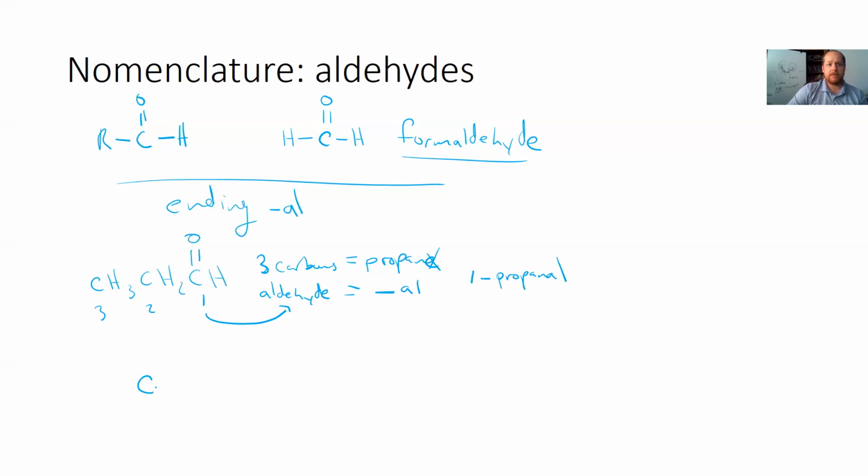Or if it's on the second carbon, so CH3, C, double bond O, CH3, right, would be 3 carbons long, but it's on the second carbon, right? And so it would be 2-propanal, or propan-2-al.